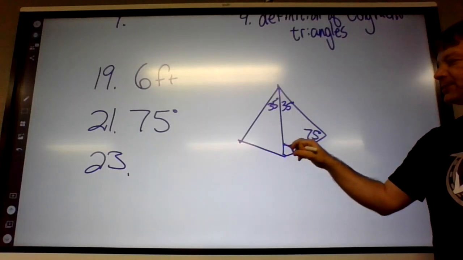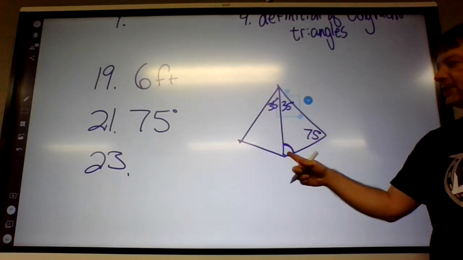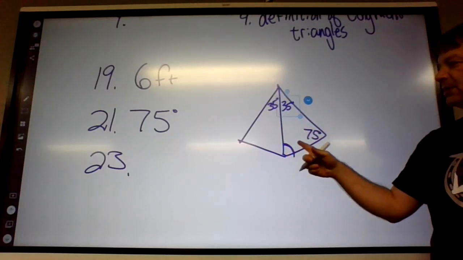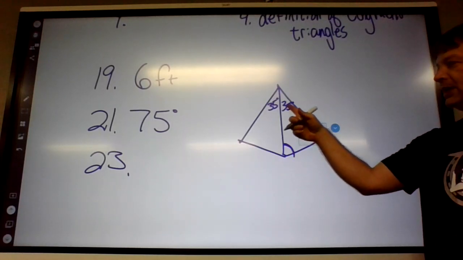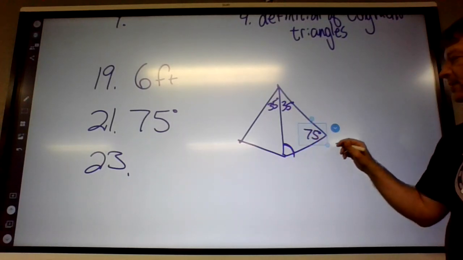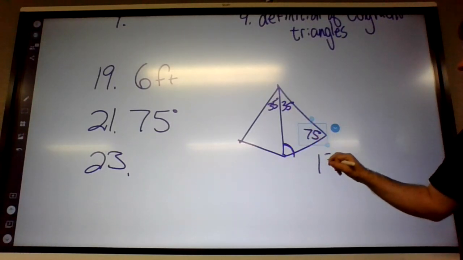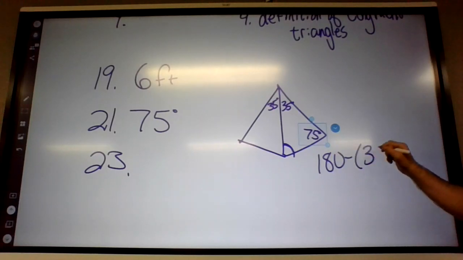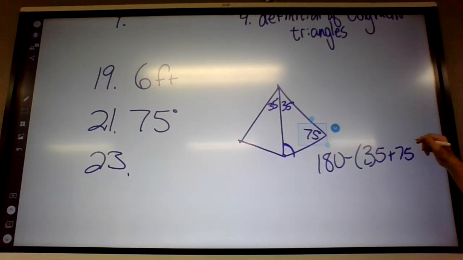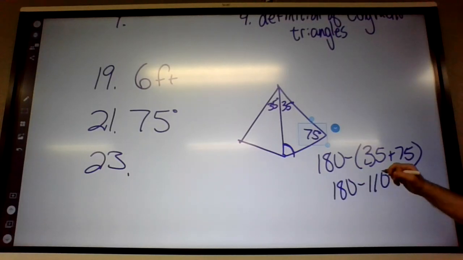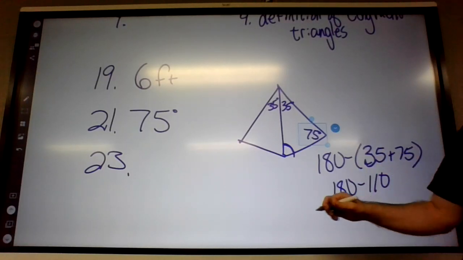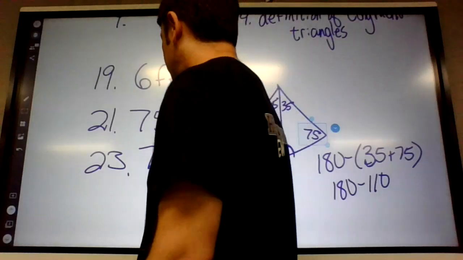And this is the trick from yesterday. What do we know about the angles in a triangle? They add to 180. So how do I find the third angle? 180 minus these two. You could write it like this: 180 minus 35 plus 75. So 180 minus 110 is 70 degrees.